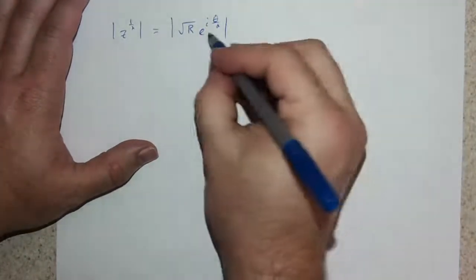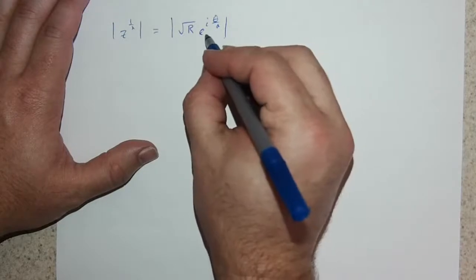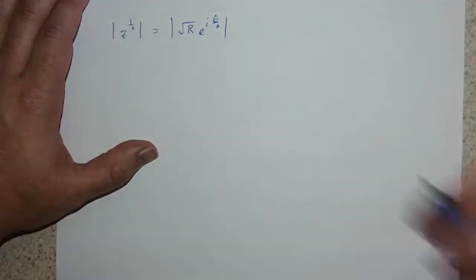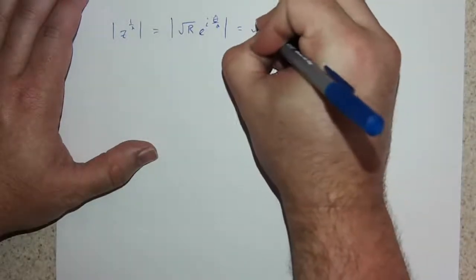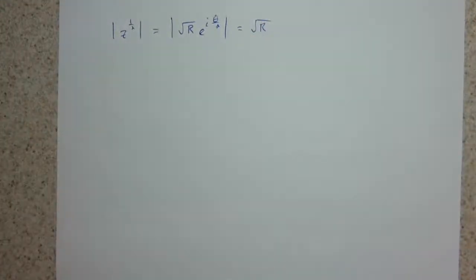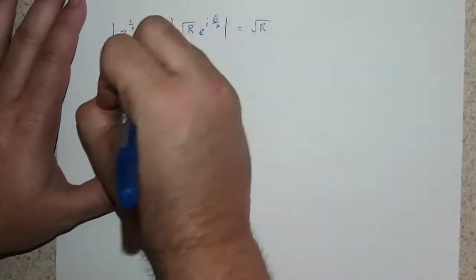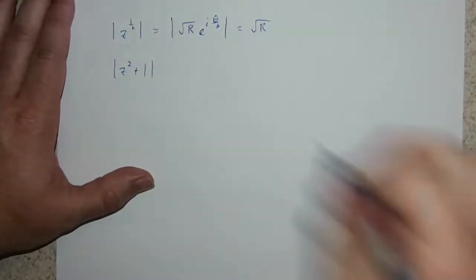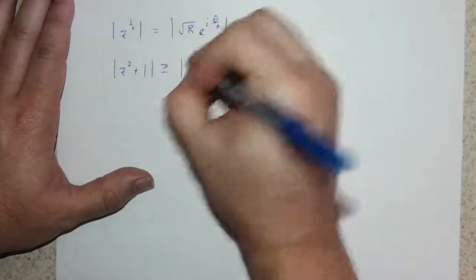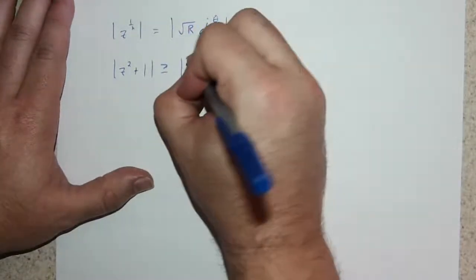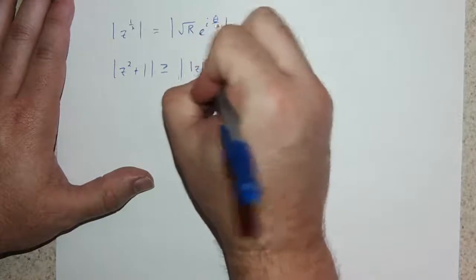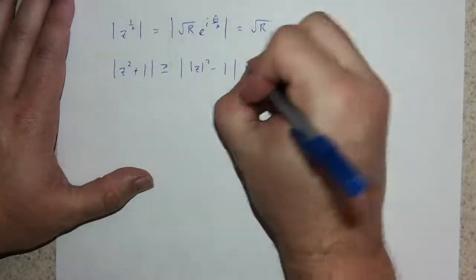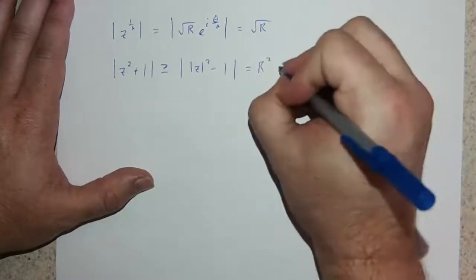The modulus of this thing is 1, so this is just the absolute value of square root of r, which is just square root of r. That's easy enough. And again, using my related inequality to the triangle inequality, the modulus of z squared plus 1 is greater than or equal to the absolute value of the modulus of z squared minus 1, which is r squared minus 1.